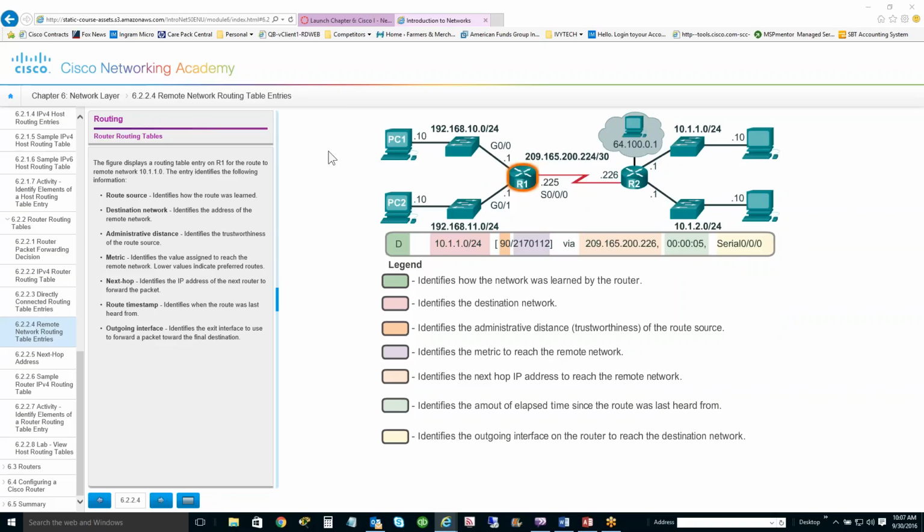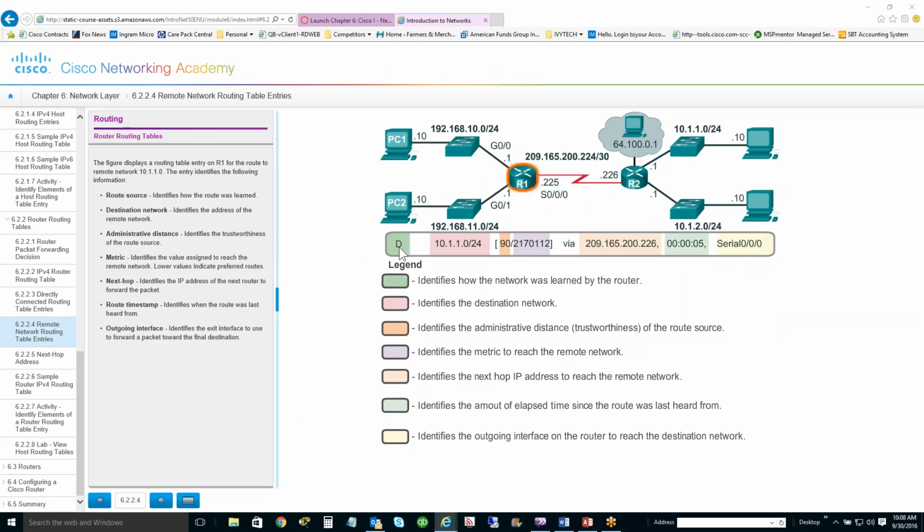So when you look at learned routes in a routing table, things get a little bit more complicated, but I think if you understand how routing works, it becomes a little bit more logical or self-explanatory as to what they mean.